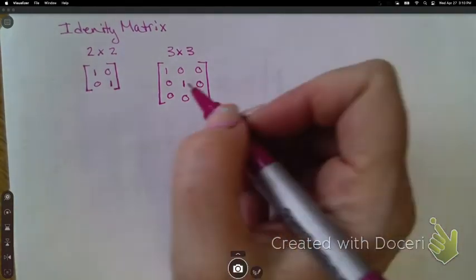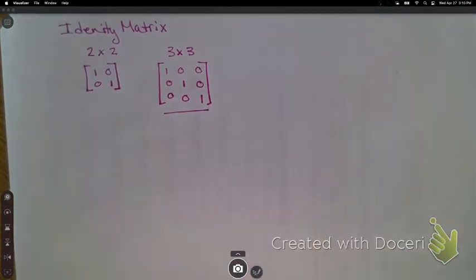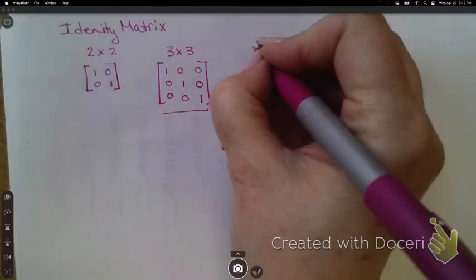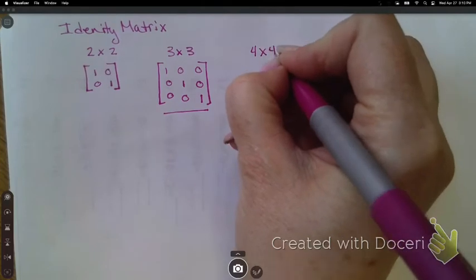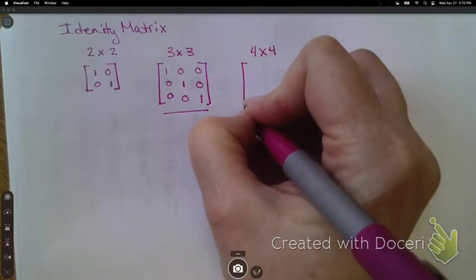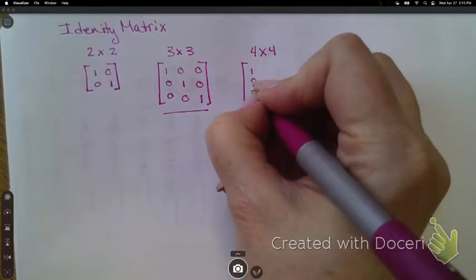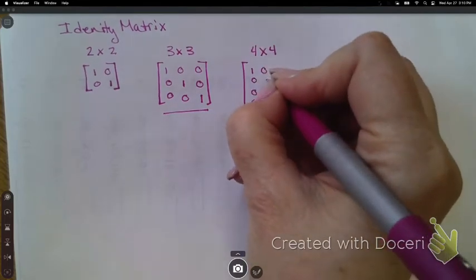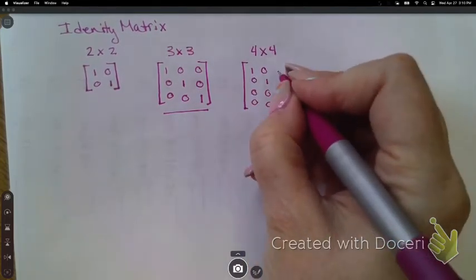And we got this on the left-hand side every time we were done, didn't we? We were making the identity matrix. So what do you think a 4 by 4 looks like? Same thing. 1 0 0 0, 0 1 0 0, 0 0 1 0, 0 0 0 1.